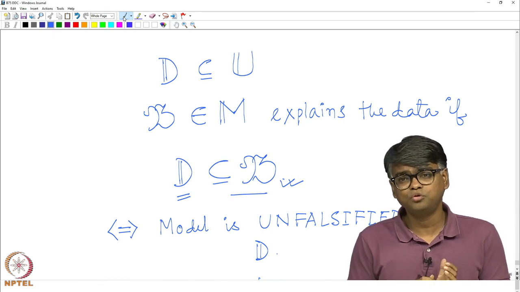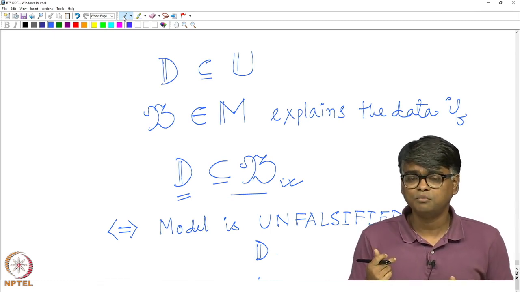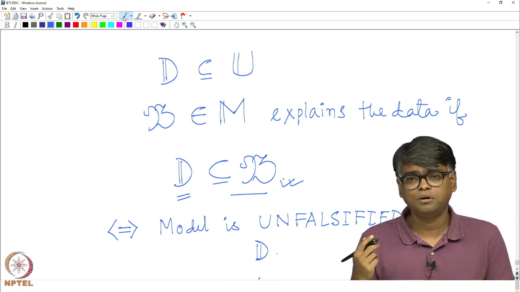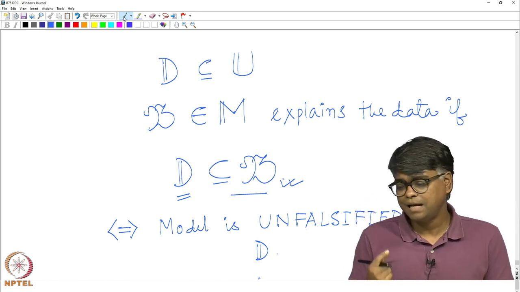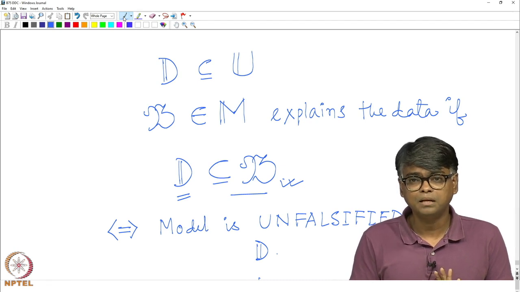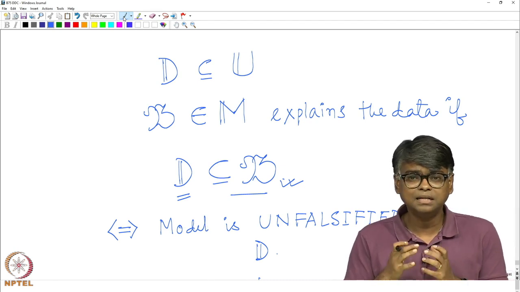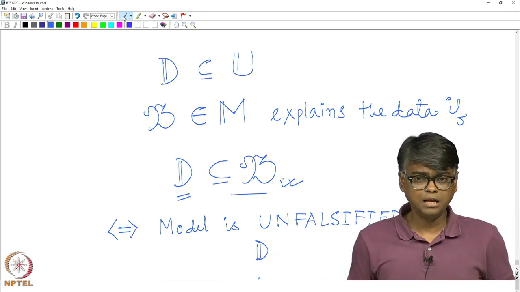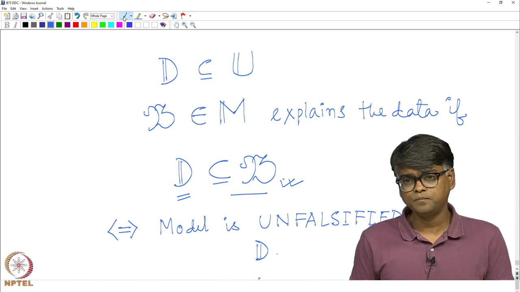If that were true, the kind of trajectories Mars would have made would not match what we see. So, the Earth-centric model is falsified by the data we have about Mars's movement. You understand the idea of falsification.